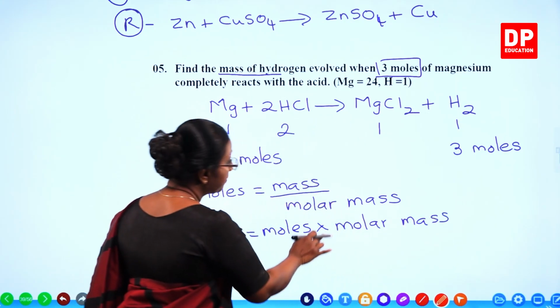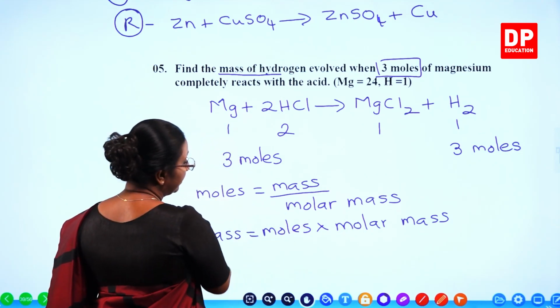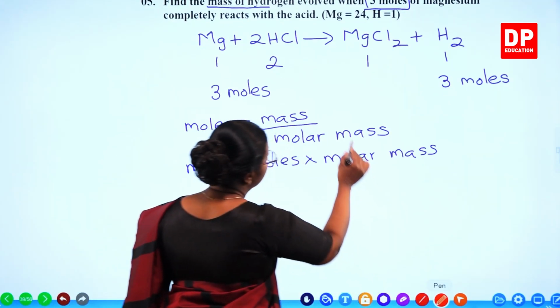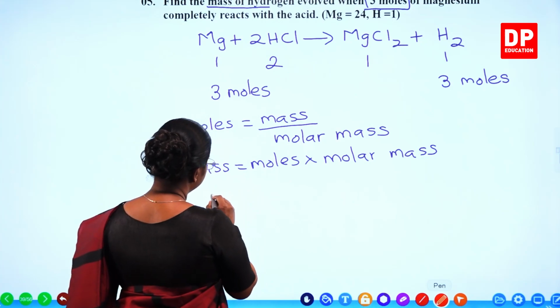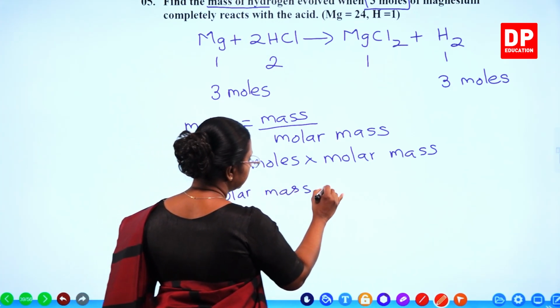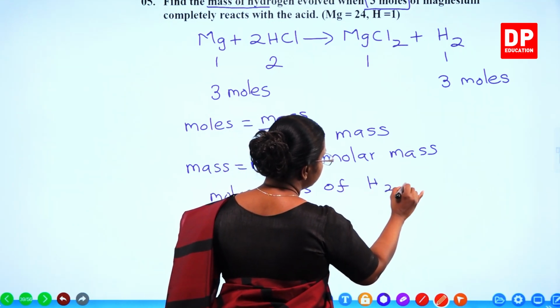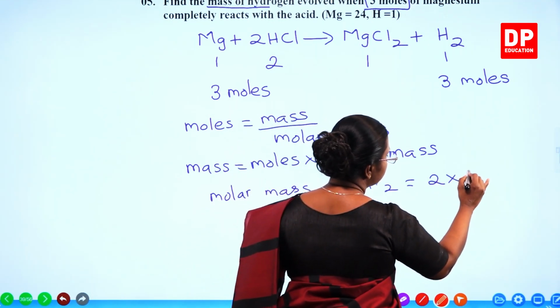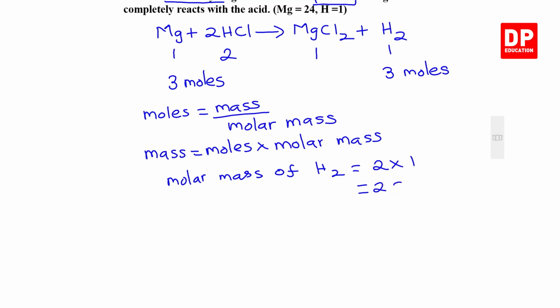So, we know the number of moles, 3 moles. We need to calculate the molar mass. Hydrogen is 1. Molar mass of hydrogen, H2, is what? 2 into 1. That is going to be 2 grams per mole.